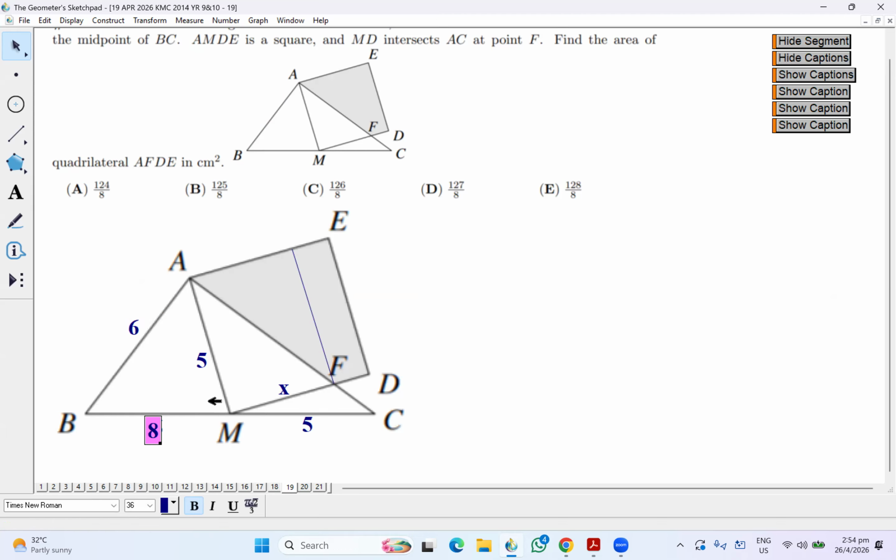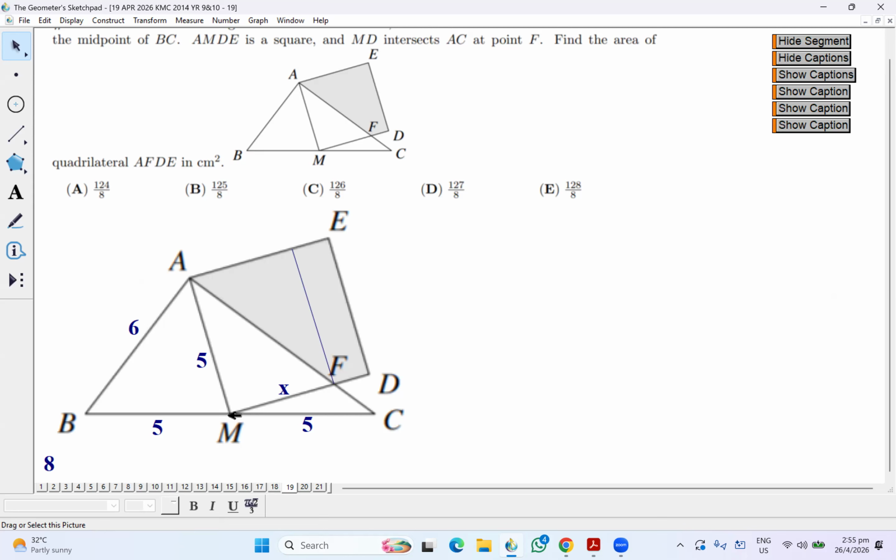The 8 is here, I put outside. 6, 8, 10, 90 degrees. Then M is the midpoint, so that means angle in the semicircle. That means the radius is 5. Then the square side is 5 already. M is the center of the circle.